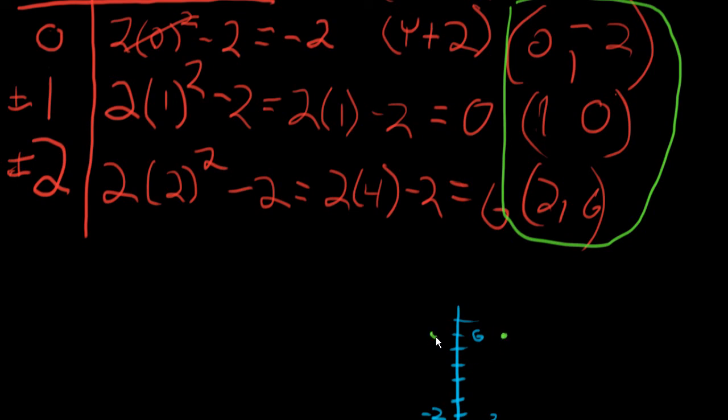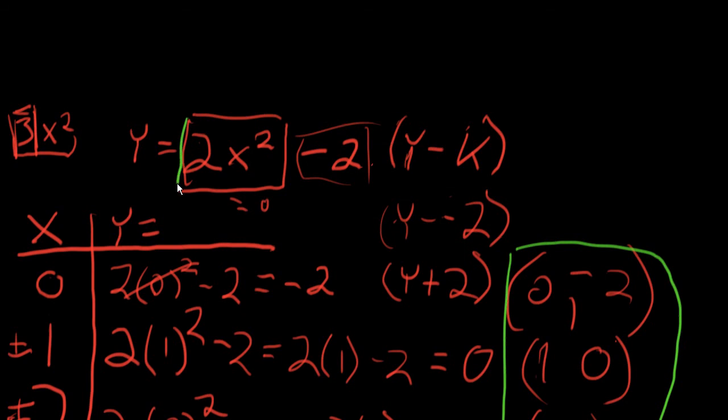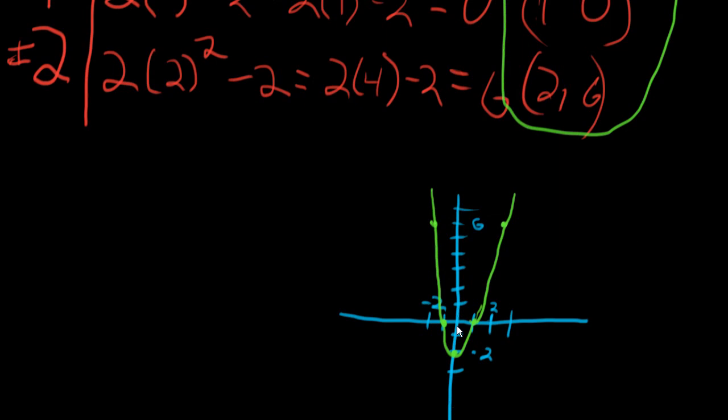Now, one thing that Sal talked about in his video that you're probably noticing with this is that because I've got a positive number that is greater than 1 in front of my x, it causes the parabola to go in, become very narrow.